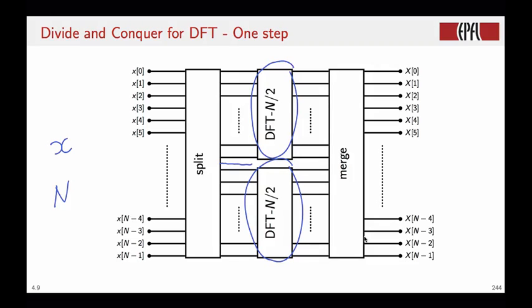Do the merging and get the result here, also of size n. And we just saw the original problem, if we don't do anything special about it, has complexity n squared, whereas these problems here have complexity n squared over 4. This one also n squared over 4. And so this overall thing, after split and merge, has complexity n squared over 2.